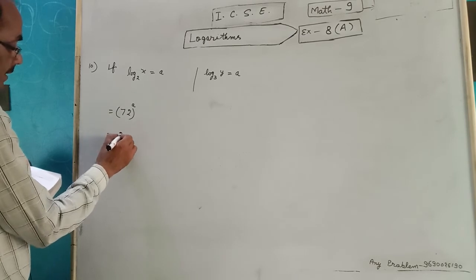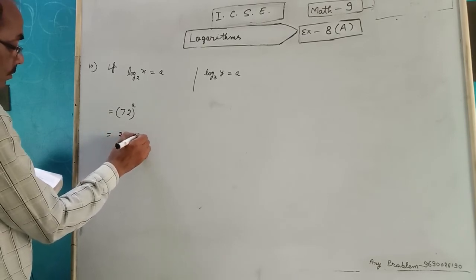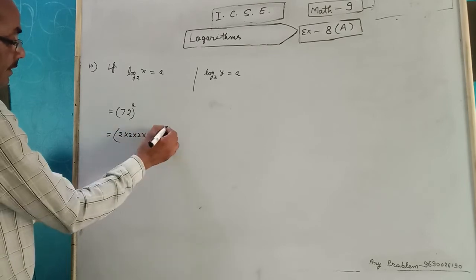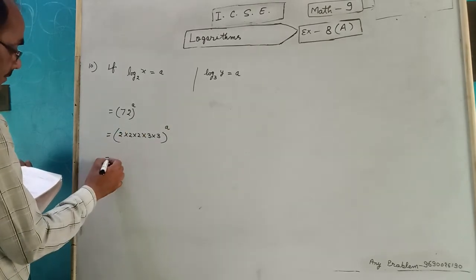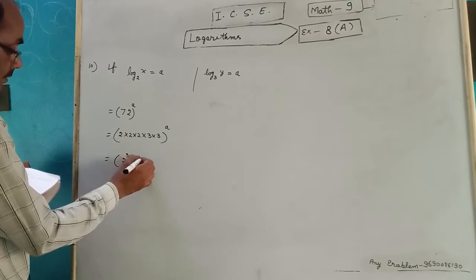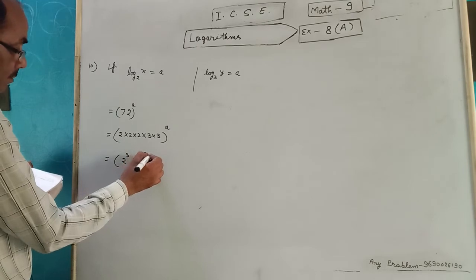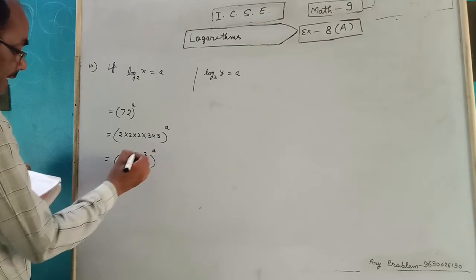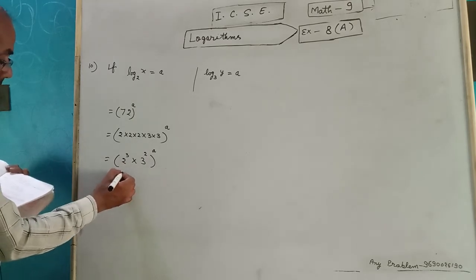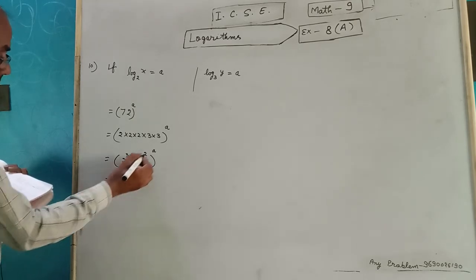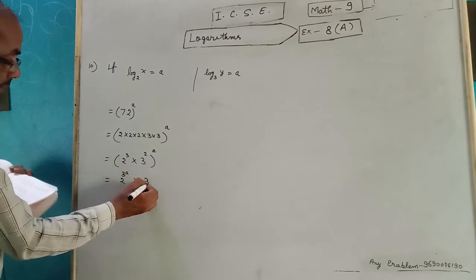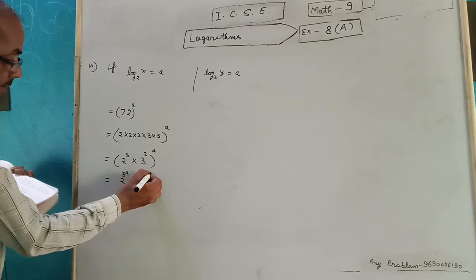Do the factors: 2 into 2 into 2 into 3 into 3. Common power is a. 2 as power 3 into 3 as power 2. Common power is a. Multiplying the powers, 2 as power 3a into 3 as power 2a.